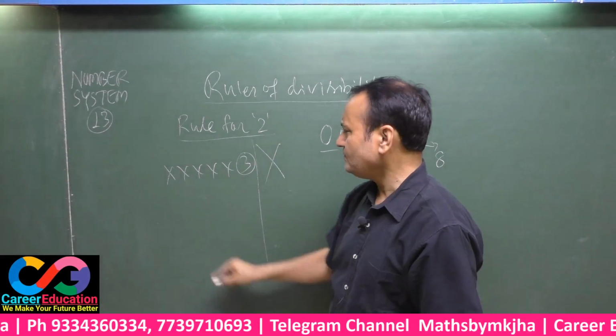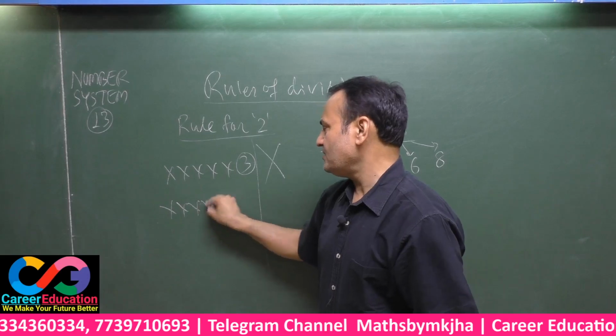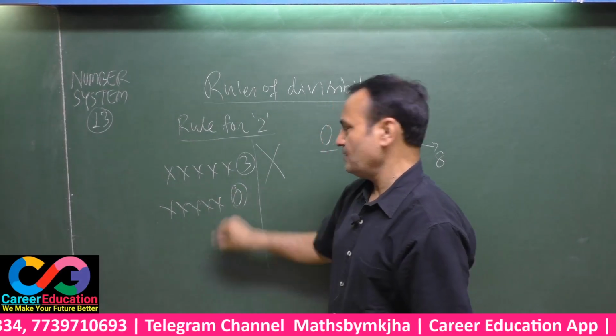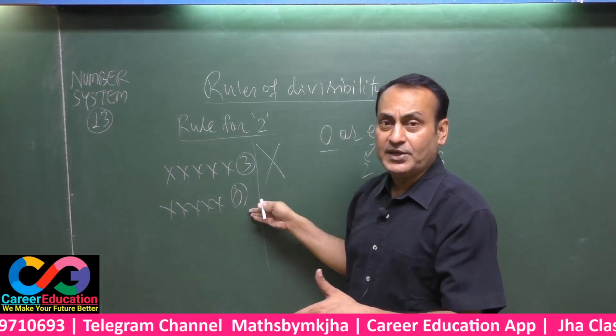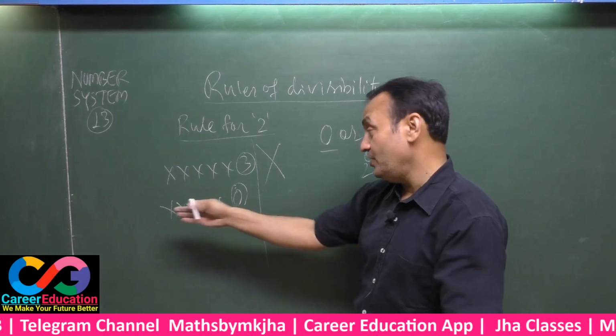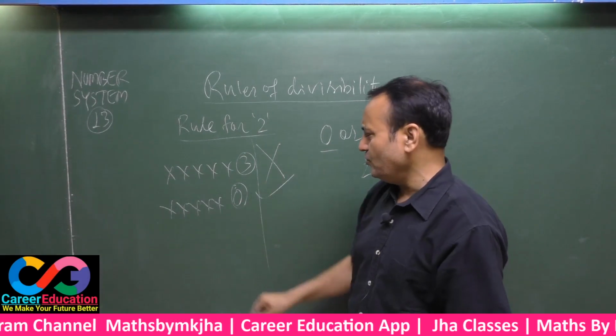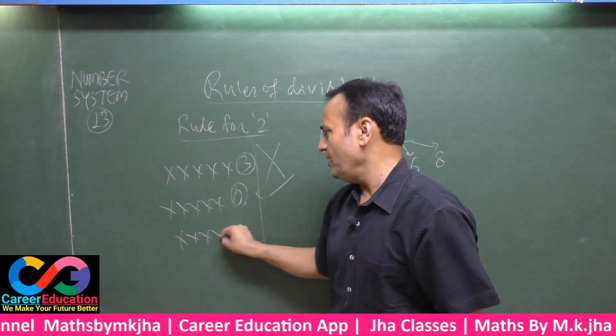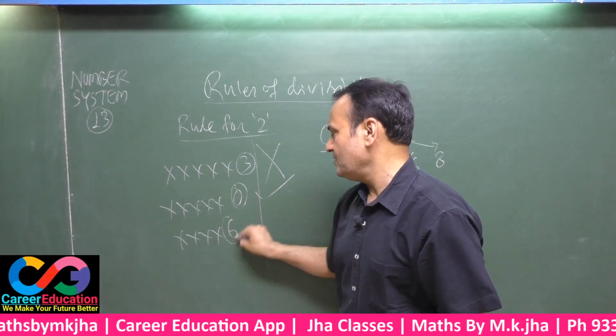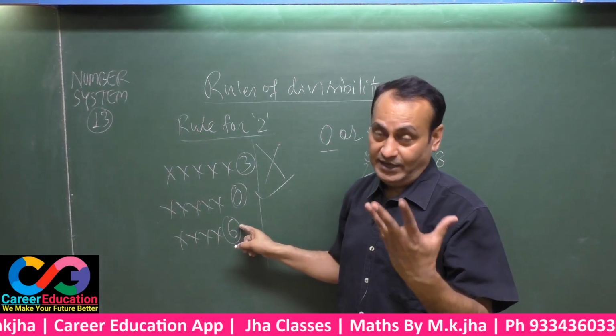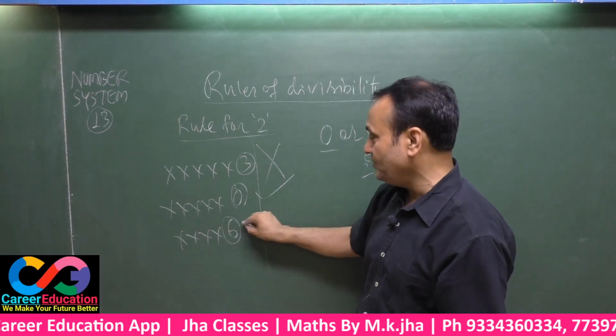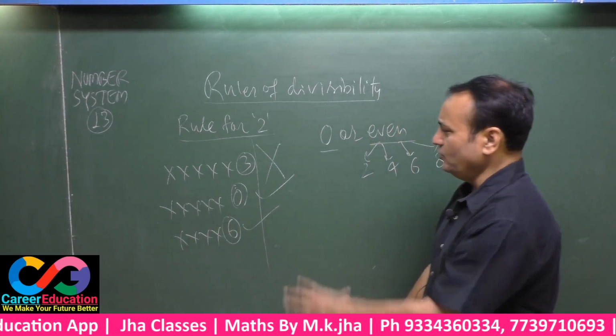Again, your number is like this. Since at the unit place there is 0, certainly this number will be divisible by 2. Again, your number is like this. This is an even digit, certainly this number is divisible by 2. Note down.